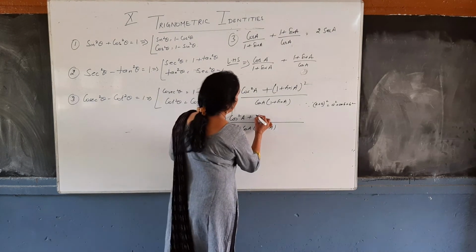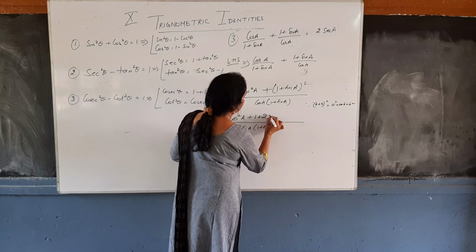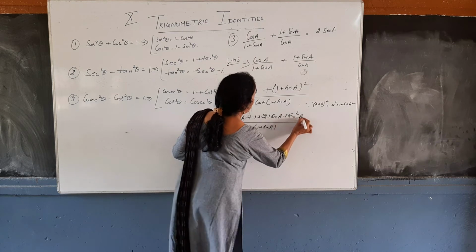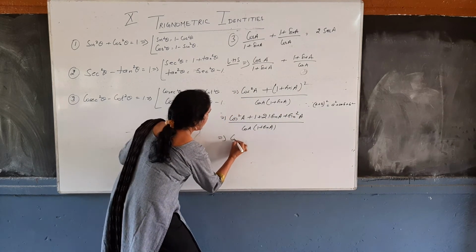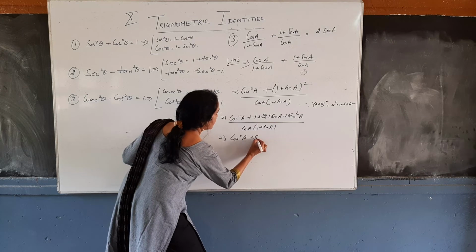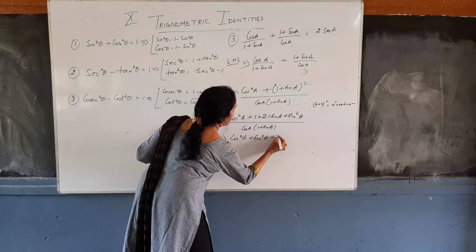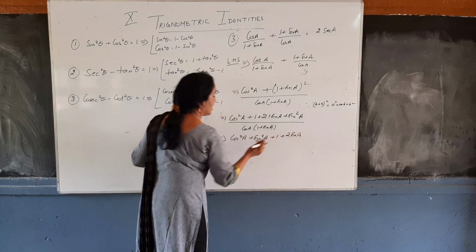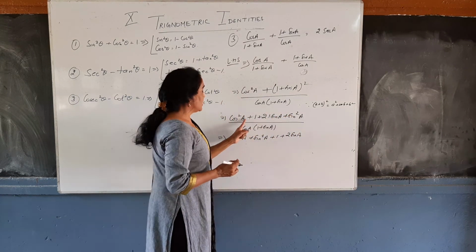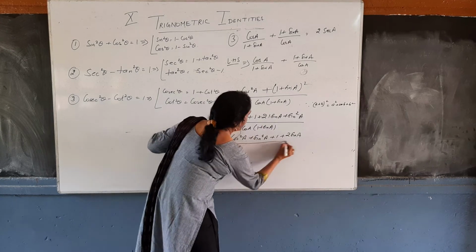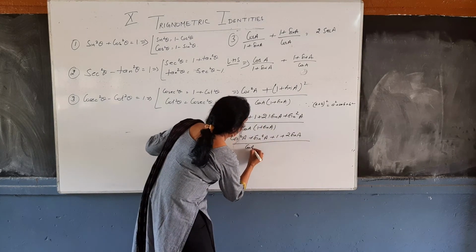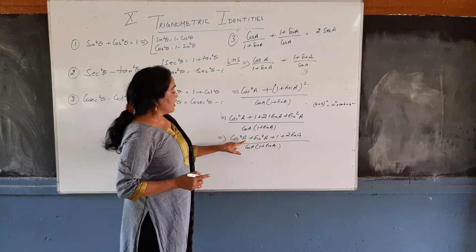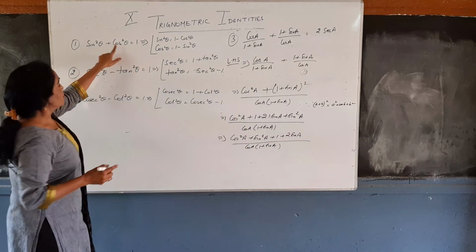So we will get here 1 plus 2 times 1 into sin A plus sin square A. Or further can I write like this: cos square A plus sin square A plus 1 plus 2 times sin A. What I have done? I have brought the sin square A this side, upon cos A into 1 plus sin A. Now see, cos square A plus sin square A is equal to 1.